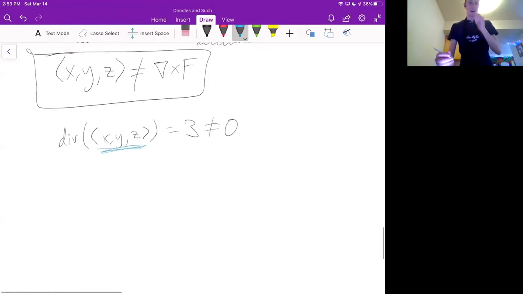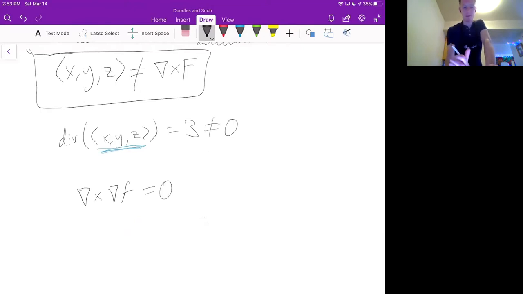So the curl fact comes from the fact that if I take the curl of the gradient of a function, I have to get 0. And the divergence comes from the fact that if I take the divergence of the curl of a vector field, I have to get 0.